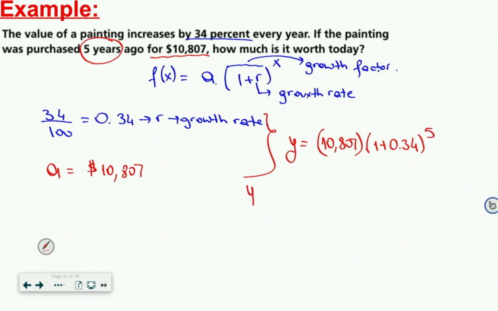If you calculate this, you will get y is equal to 10,807 times 1.34 to the power 5. Please use your calculator.